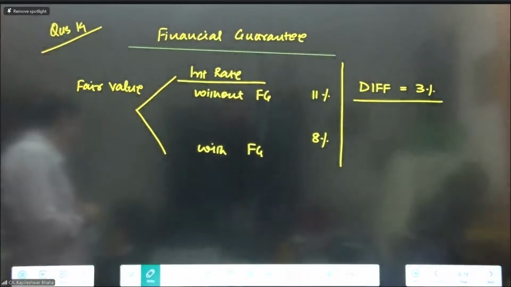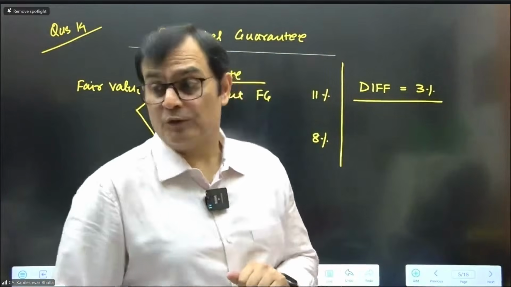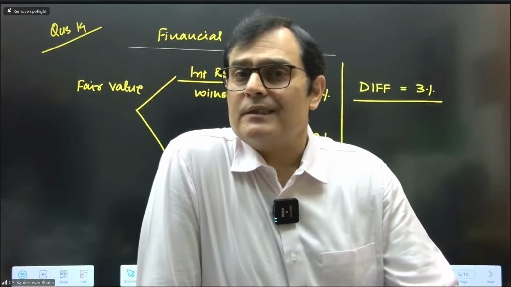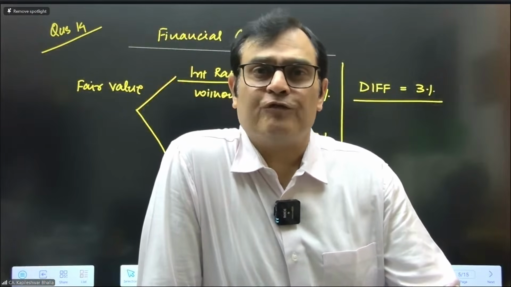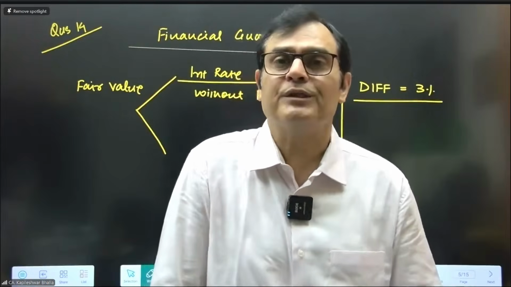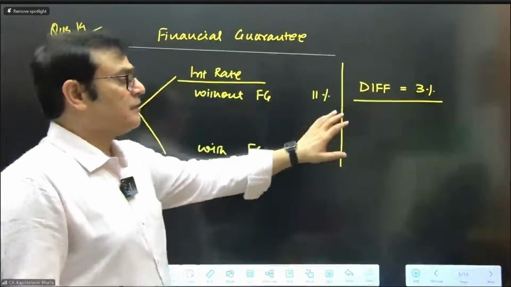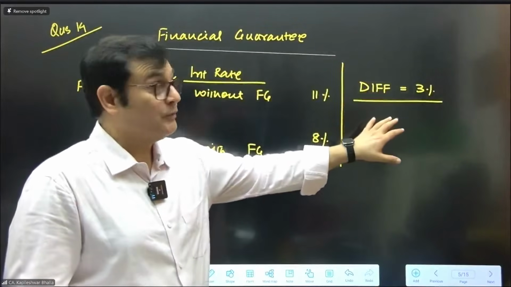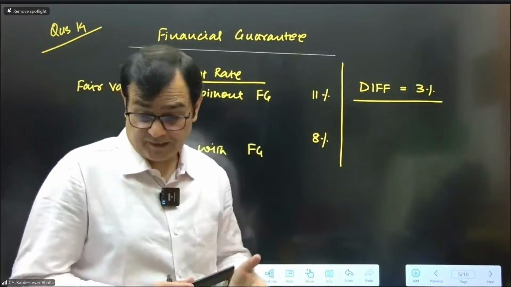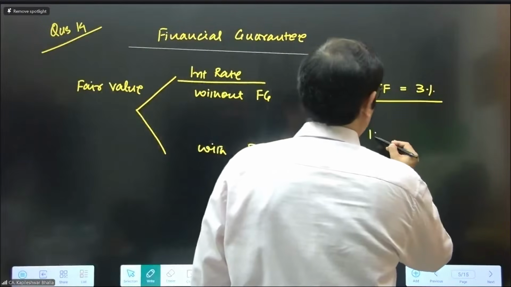So let me say a sentence, maybe you can vouch for that. Can I say, when you consider the fair value of the financial guarantee, it is the present value of the 3% interest for a period of 3 years, the loan tenure? Correct. We know the loan is for 10 lakh rupees.